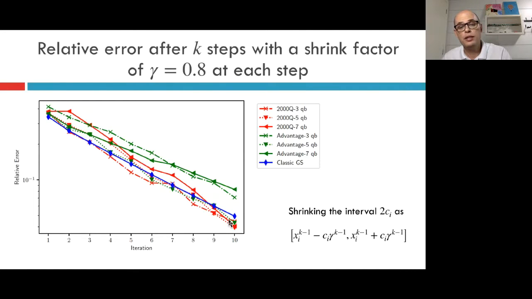So this is exciting, although it's not exactly clear why this quantum solution is better, since in the quantum case you are limited to 3, 5, and 7 qubits of precision, while in the classical case we are using double precision of a classical machine.